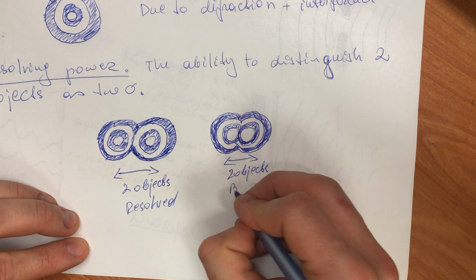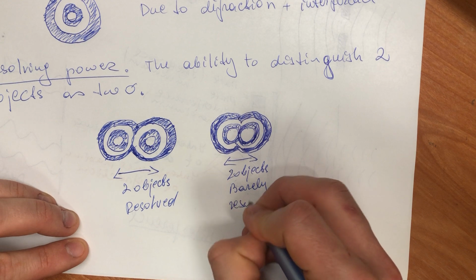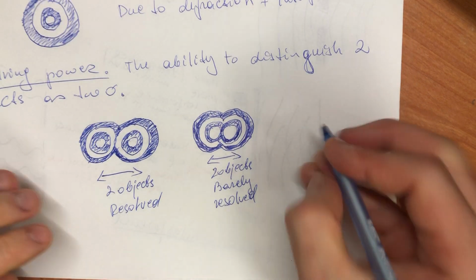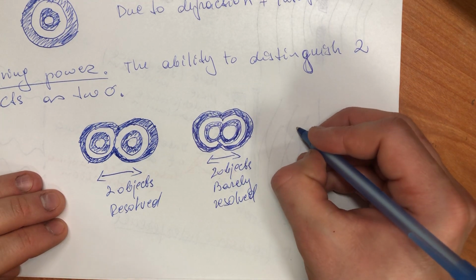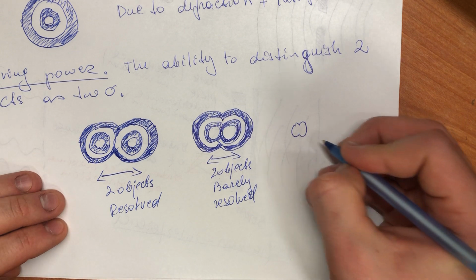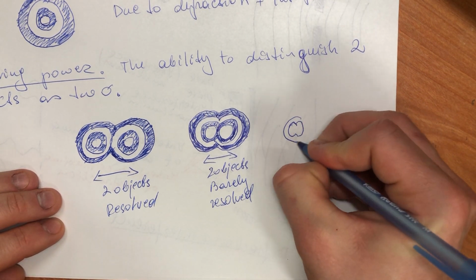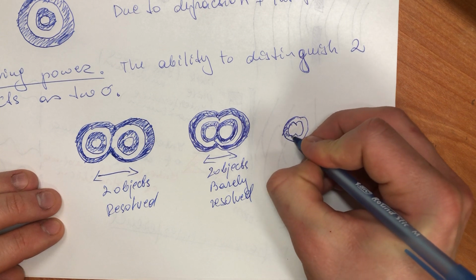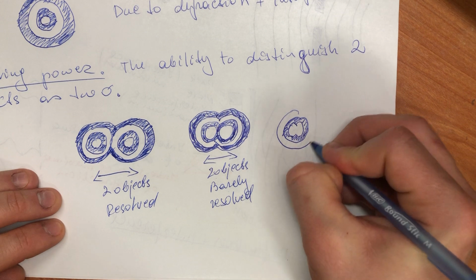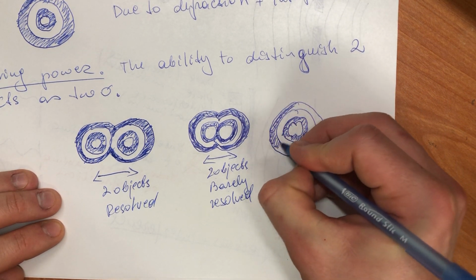In this case they are barely resolved because they became closer. And when these two objects come to an even closer distance, then it's practically impossible to resolve and to visualize this as being two objects because of the diffraction.